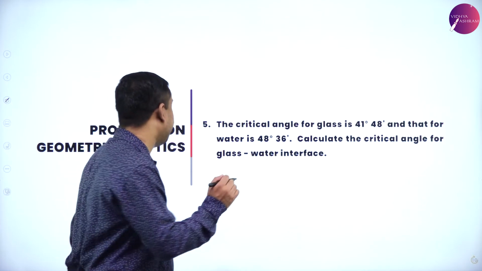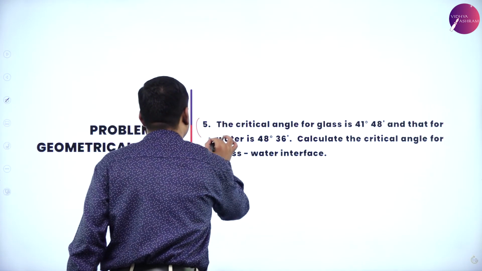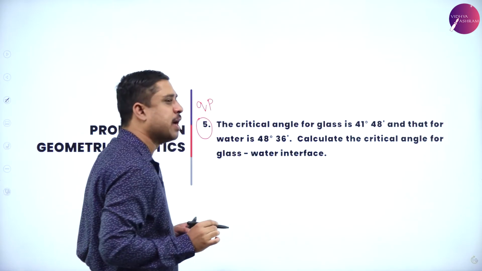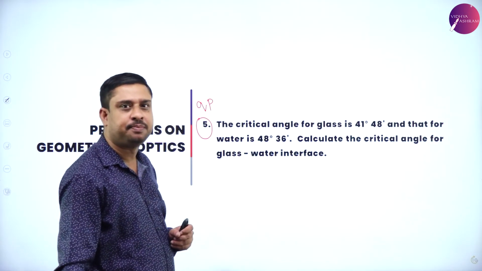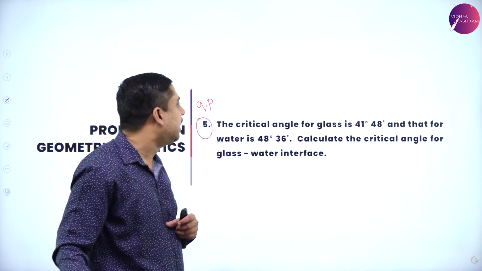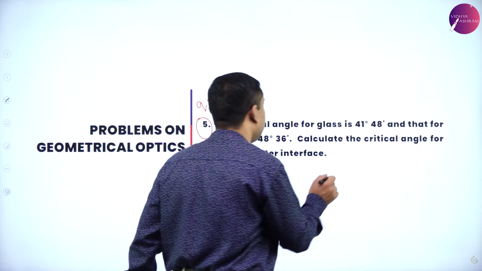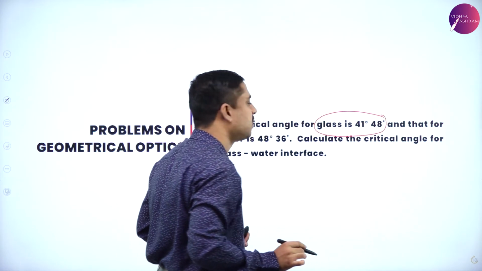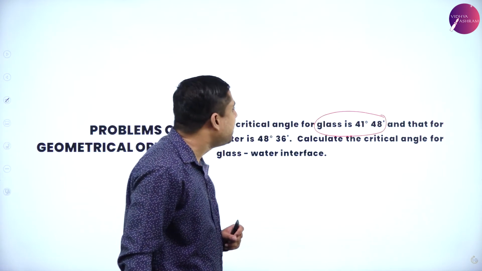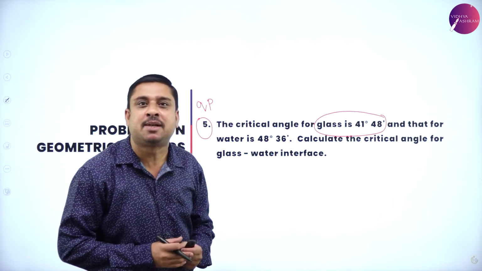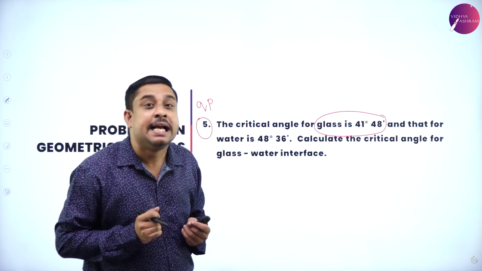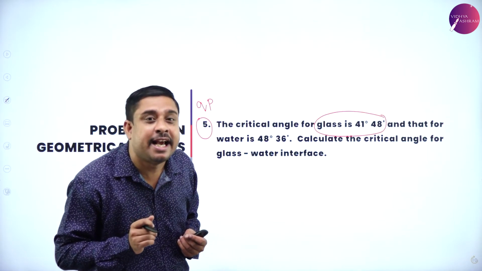Interesting problem again. This is repeated in the question paper for the exam. The critical angle for glass is 41 degrees 48 minutes. Recall, what is critical angle?